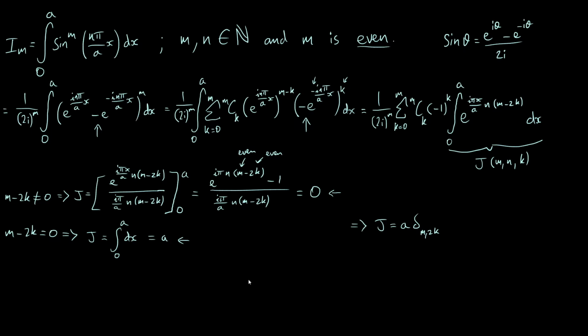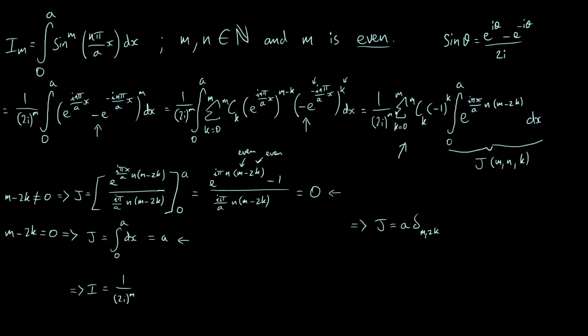Right. So let's plug that back in. Let's go back to our expression up here and see what we can do with that. So we know, having evaluated j, we can say that I equals 1 over 2i to the m.